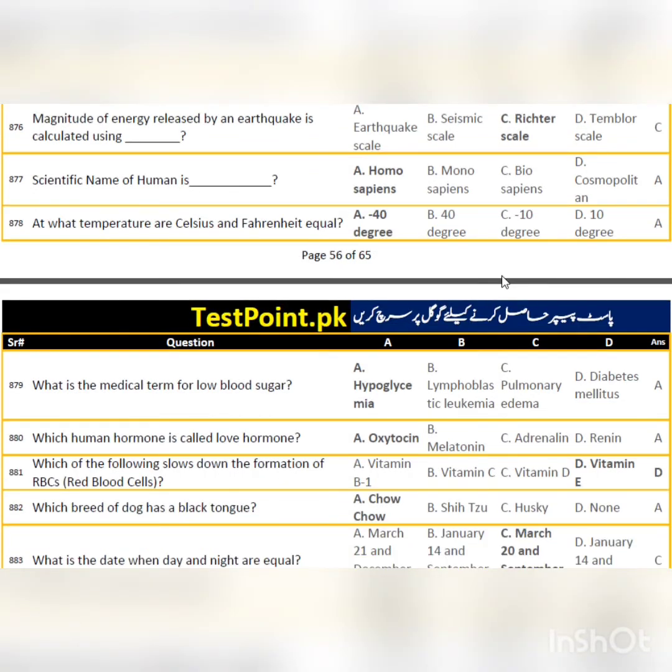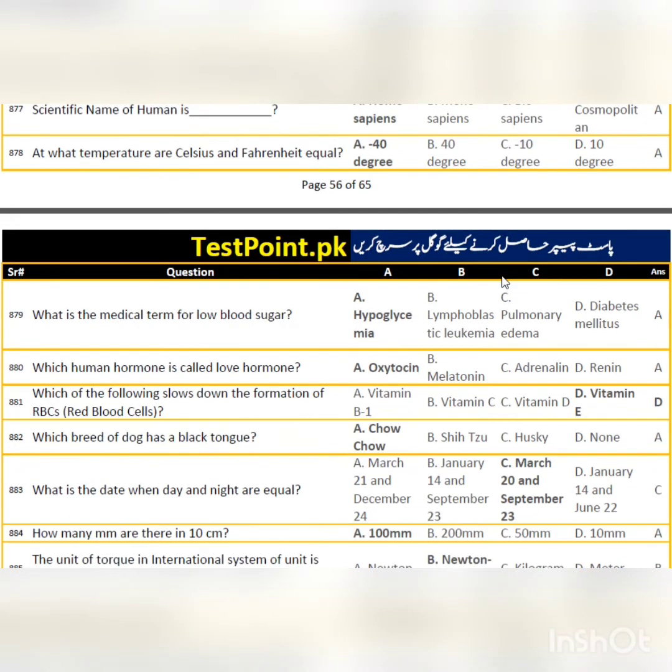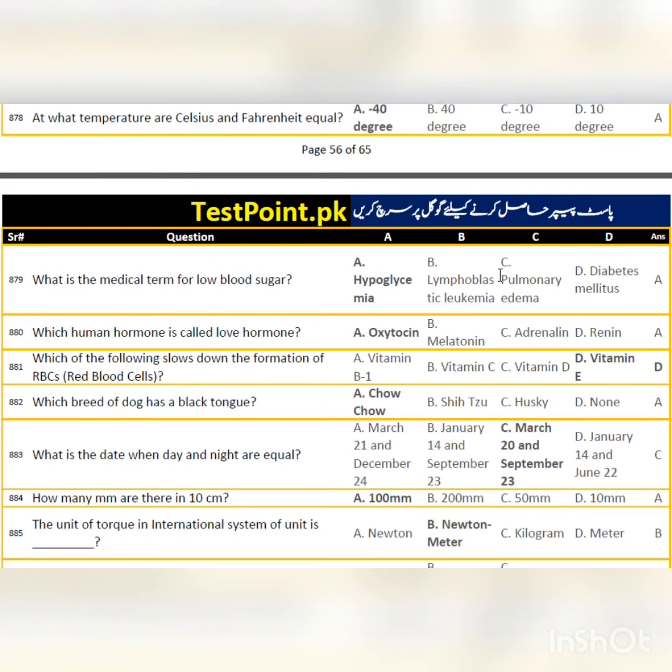Answer is the C. Iris is unable to dilate the pupil immediately.